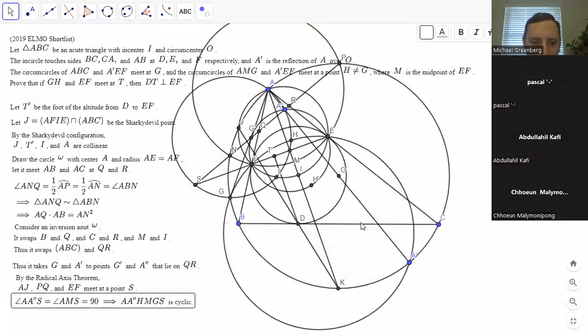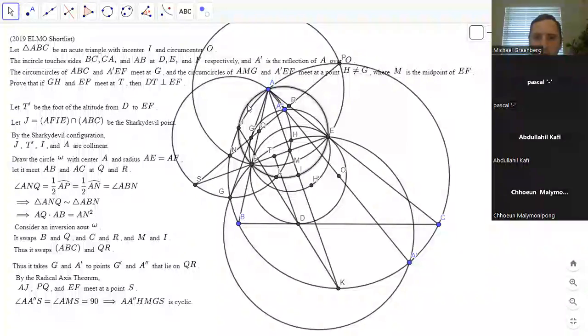And so then that means that S. Okay, so what did I want to do after that? I think I was super close here. So we wanted to show J inverts to S, right?